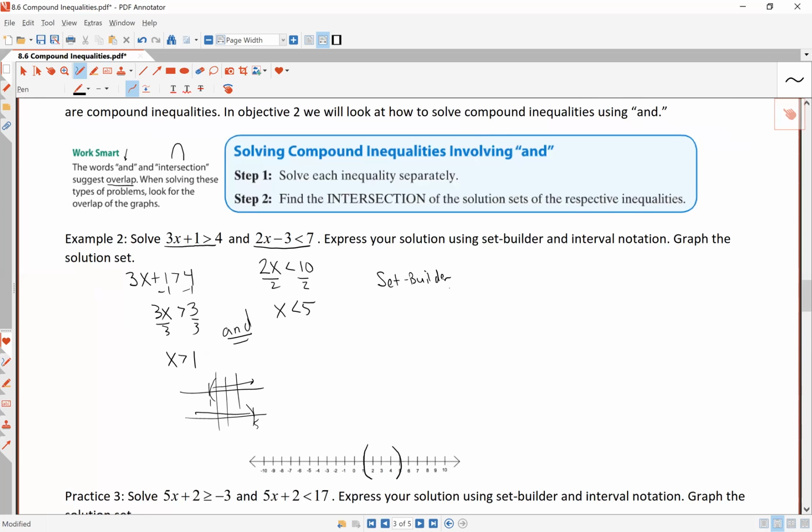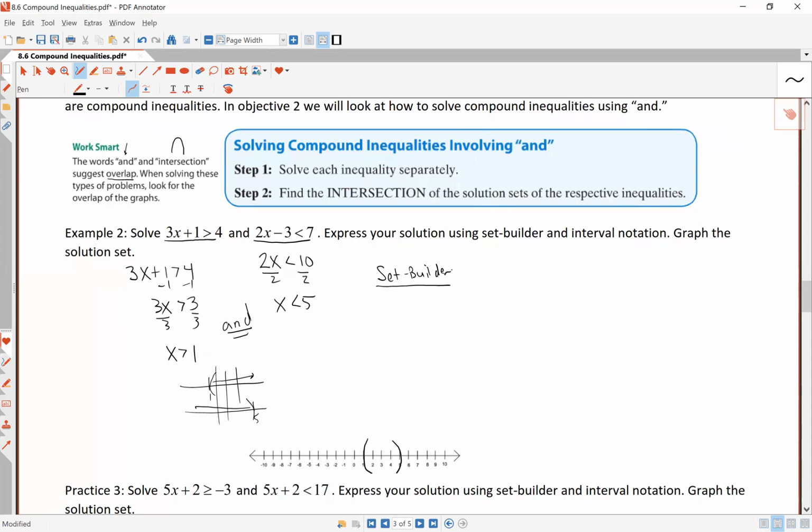Set builder notation: this is the set of all x such that x is greater than 1 and less than 5. Interval notation is just the interval from 1 to 5.